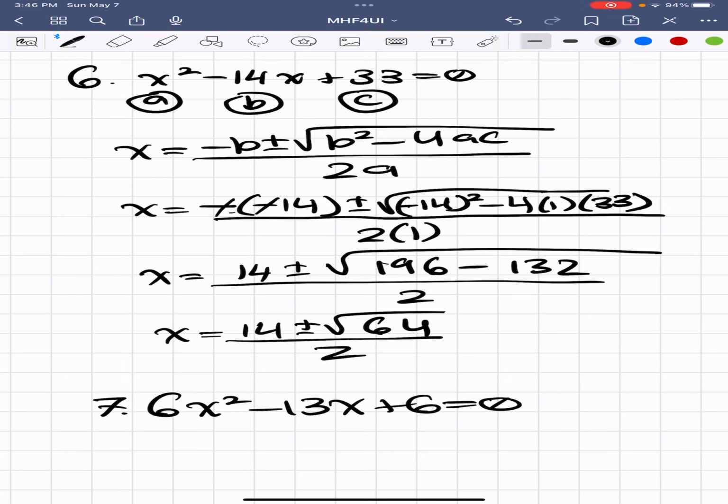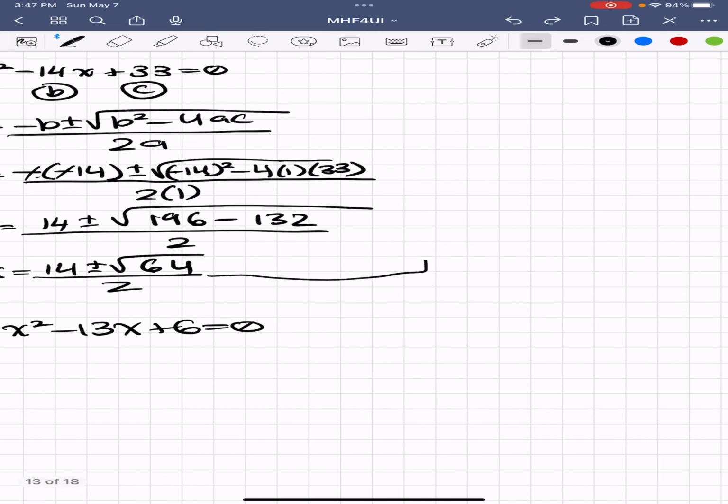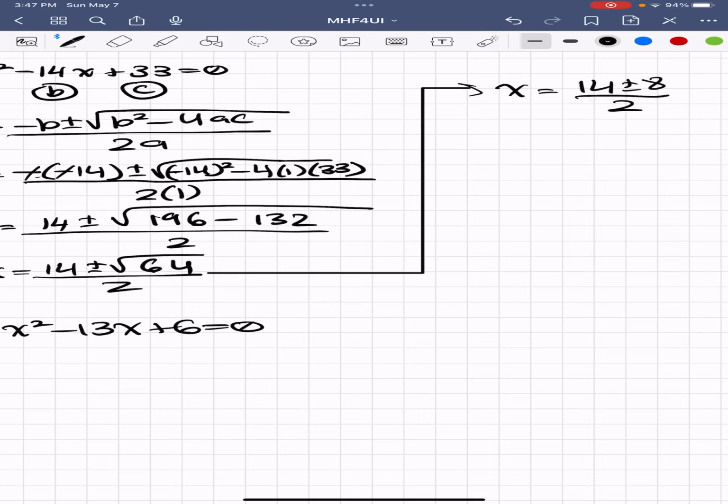So the square root of 64 is 8. 14 plus 8 divided by 2 equals 11, or x equals 14 minus 8 divided by 2, which is 3.